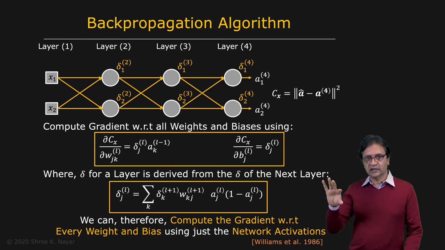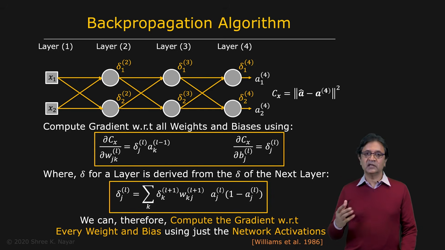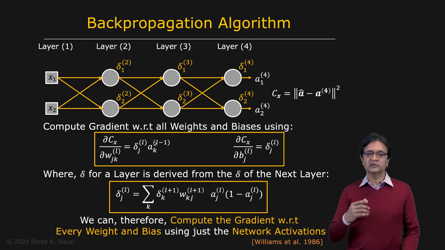So now you have all the deltas, and now using those deltas and just the activations of each layer, you can go in and find the derivatives of the cost with respect to all the weights and biases using the deltas and the activations. Very simple expressions.